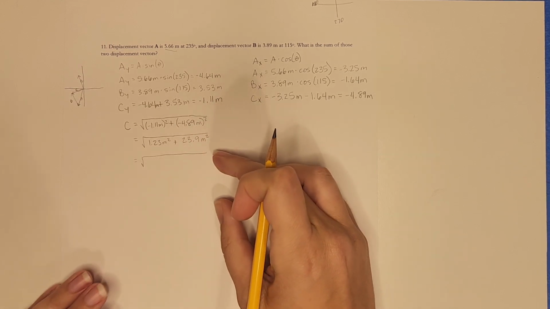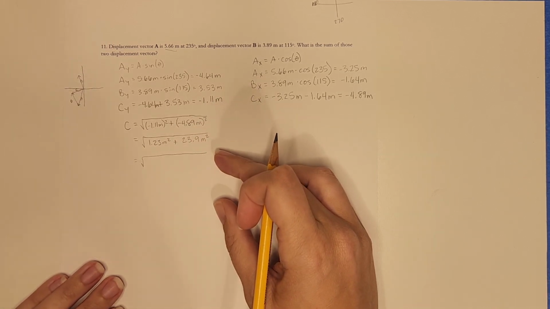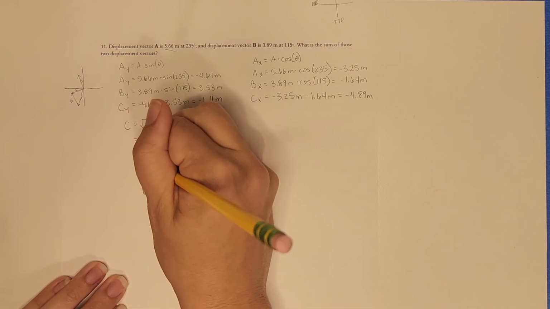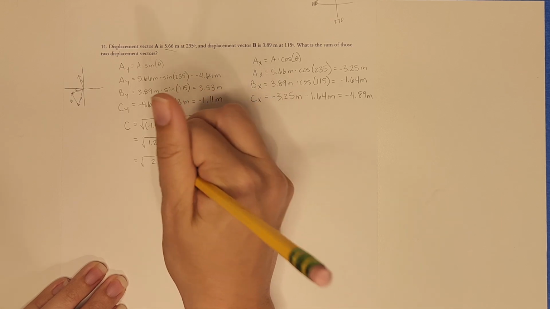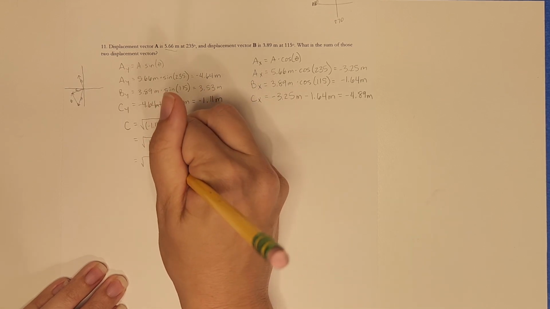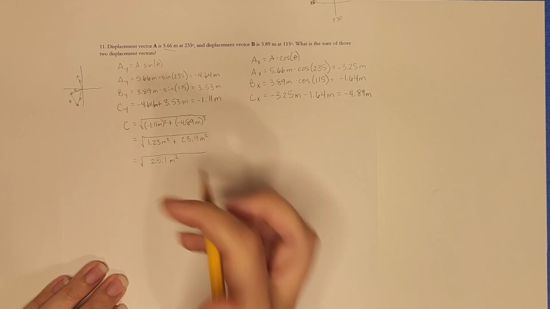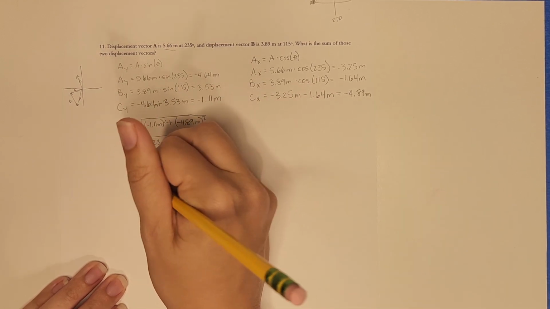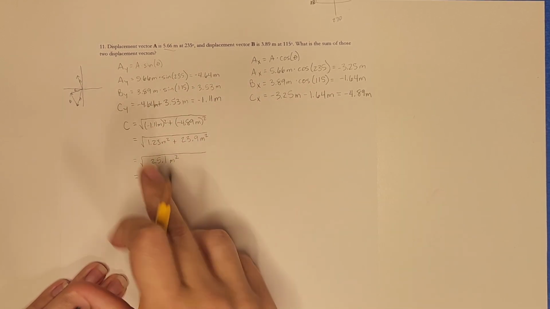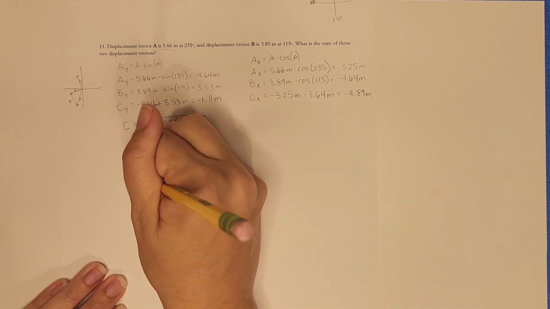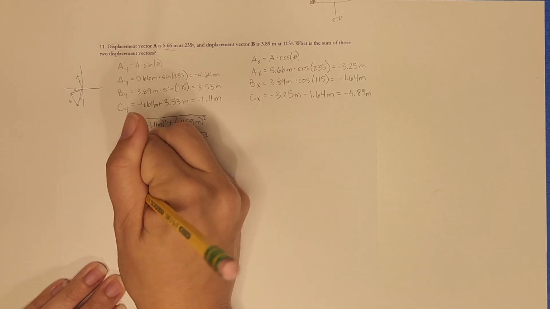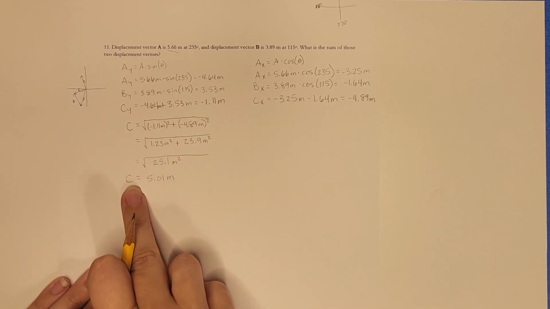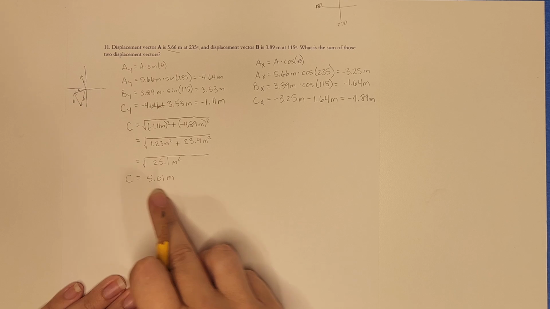These added together, rounded to the nearest tenth, is going to be 25.1 square meters. And then we take the square root, and we're going to get 5.01 meters. So that is our C magnitude of that vector.